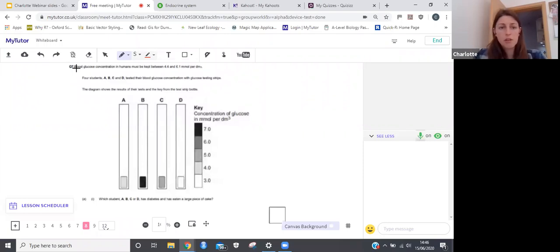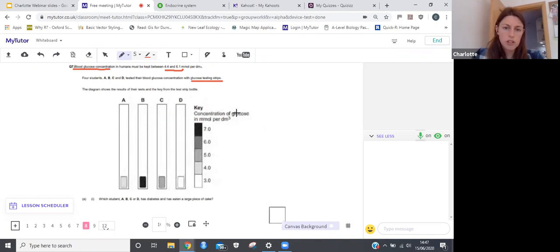Blood glucose concentration, that's our subject, in humans must be kept between 4.4 and 6.1 millimoles per decimetre cubed. Four students, A, B, C, and D, tested their blood glucose concentration with glucose testing strips. The diagram shows the results of the tests and the key from the test strip bottle. So we've got A, B, C, and D, and then we've got a key.